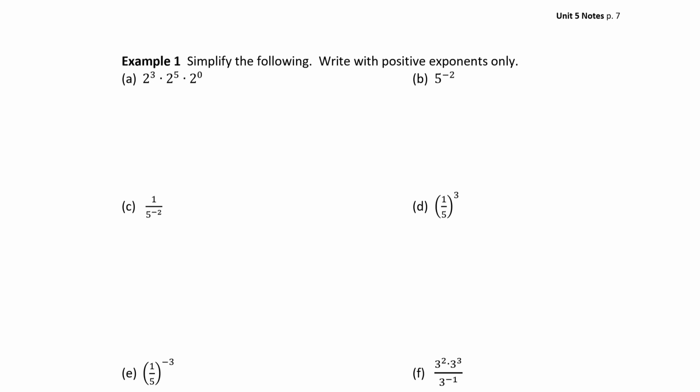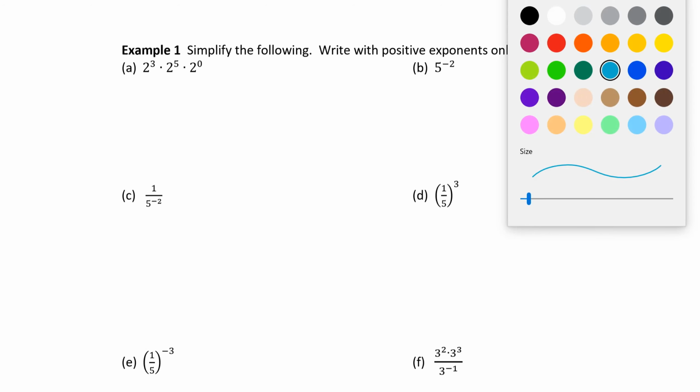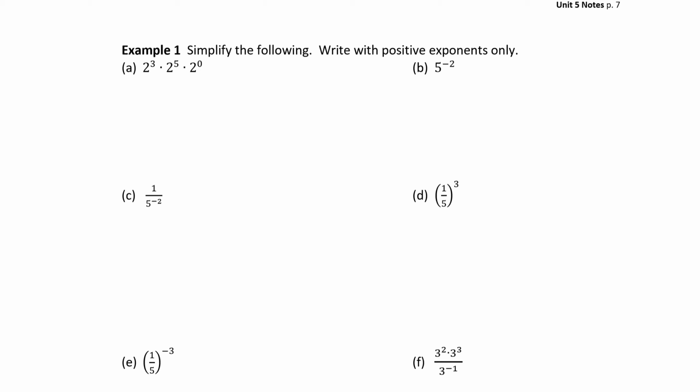Now, let's practice applying these rules. In example 1, we are going to simplify using positive exponents only. So if we end up with something with a negative exponent, we're going to evaluate it and simplify it. Example A, notice we are multiplying like bases.